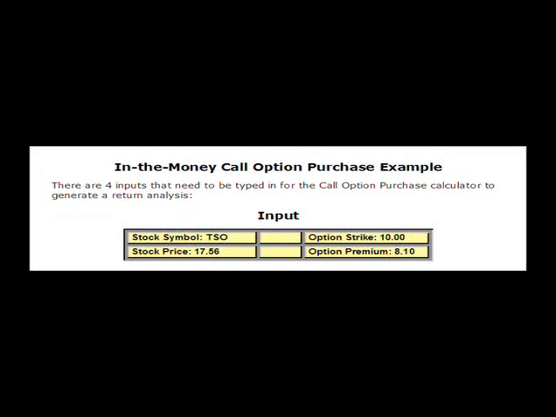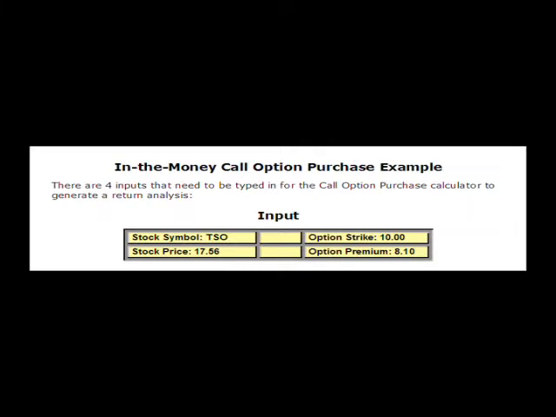Now let's take a look at purchasing the Tesoro May 10-strike call, symbol TSO-EY, which according to the option quote previously presented is trading at 8.10. The 10-strike call would be considered an in-the-money call as the strike price is lower than the current stock price of 17.56.